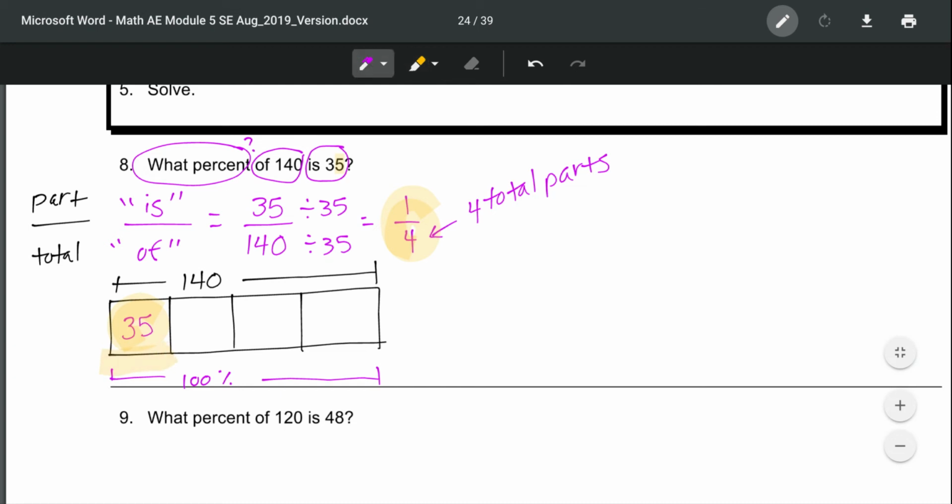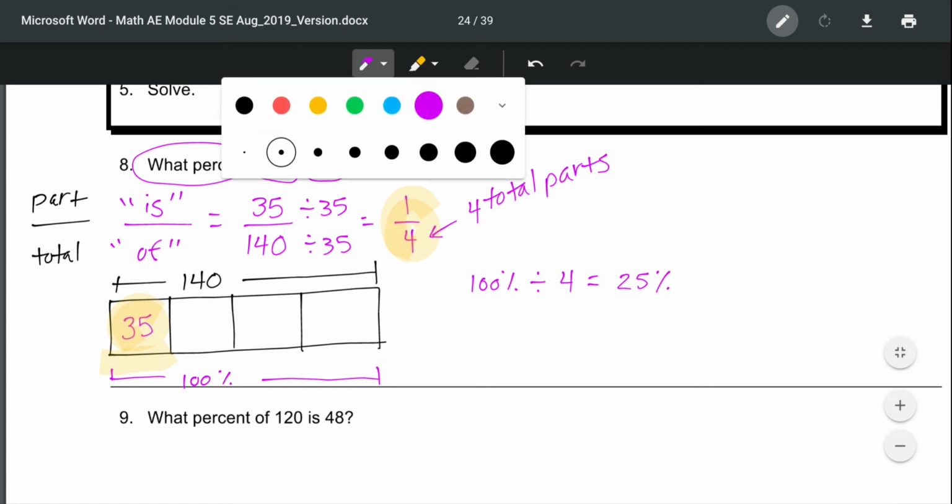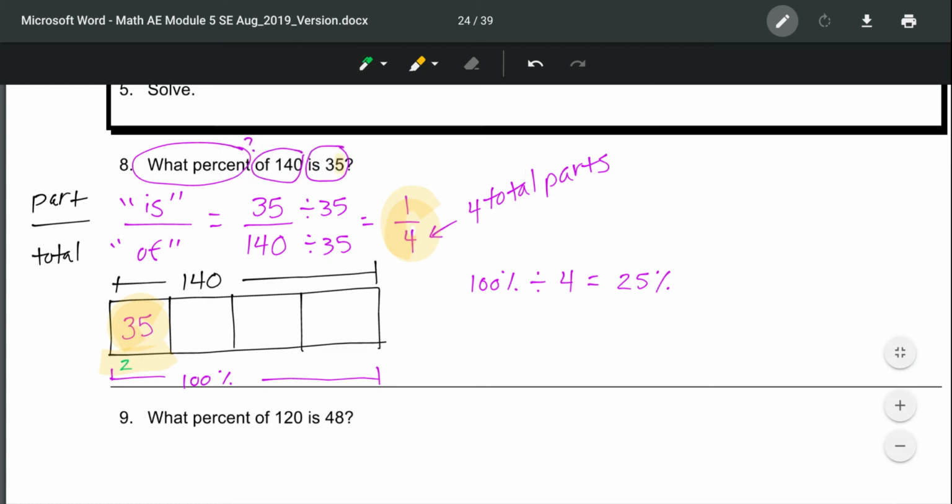Well, now you take, instead of 140, you take 100% and divide it by 4, and you get 25%. So that 35 is 25% of the total. Okay, so it means that 25% of 140 is 35.